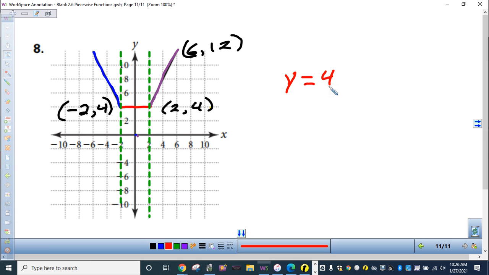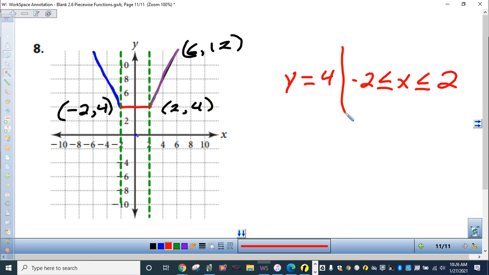Now my green dotted lines, I only graph the part of that line in between -2 and +2. So we have to write that interval. Here's how you do it. You'll always put the smaller number on the left, less than or equal to, bigger number on the right. These are 2 different things.